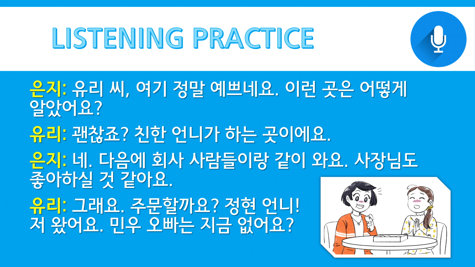How did you find out about this kind of place? And then Yuri replies, 괜찮죠? It's nice, isn't it? 친한 언니가 하는 곳이에요. It's a place run by a close older female friend of mine. So it's a place run by a friend.